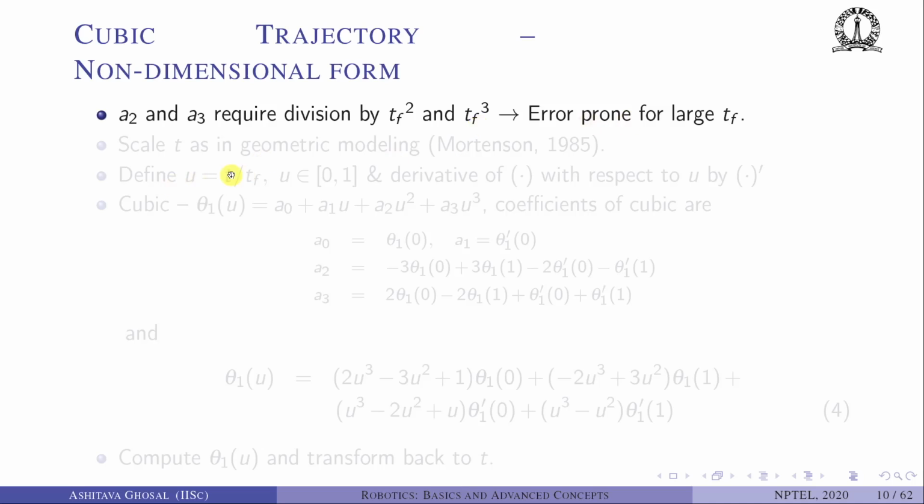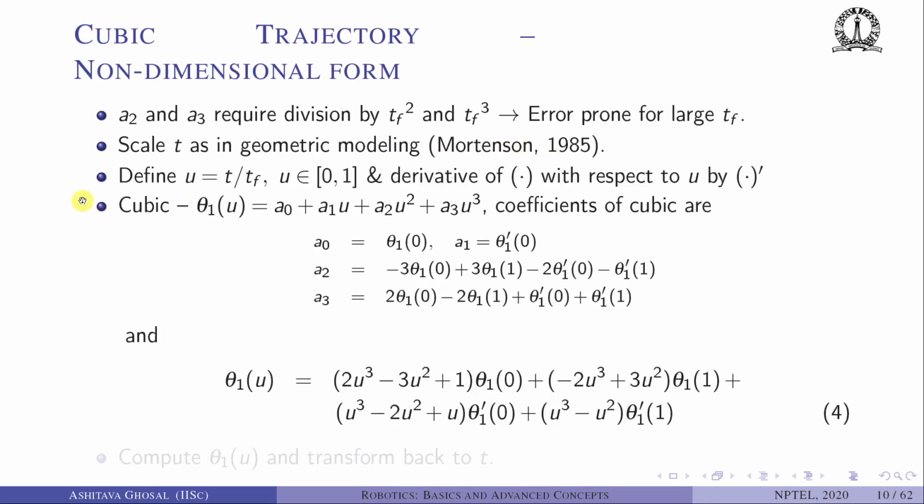So scaling t, as in geometric modeling, is the solution to this problem, and this is given in some geometric modeling book by Mortensen. So we define a new variable u, which is t by tf, and u will always lie between 0 and 1.